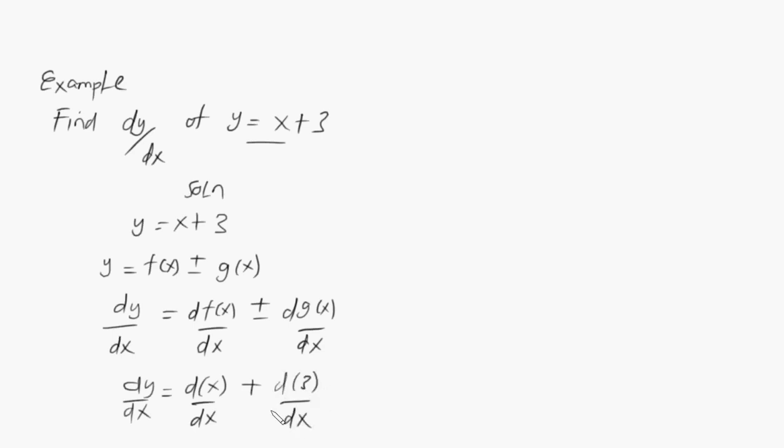Now, starting with this one, in the last tutorial, derivatives of polynomial, we also said that for a function y equals x power n, the derivative of y with respect to x, the derivative of x power n, is just n x power n minus 1.